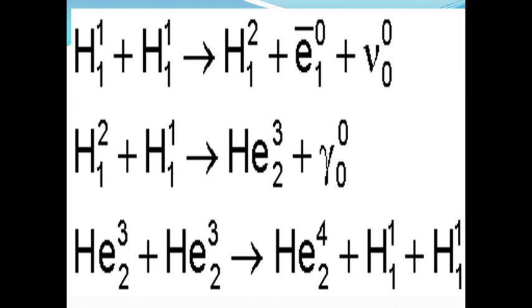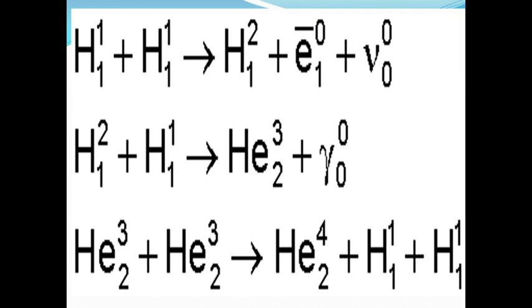So this is the proton-proton cycle which occurs inside the sun and stars, in which there is a fusion of 4 hydrogen nuclei. See, here you can see 4 hydrogen nuclei combine to form a helium nucleus He24.